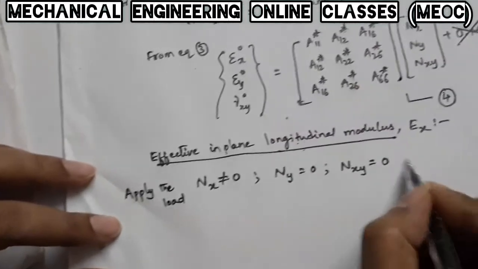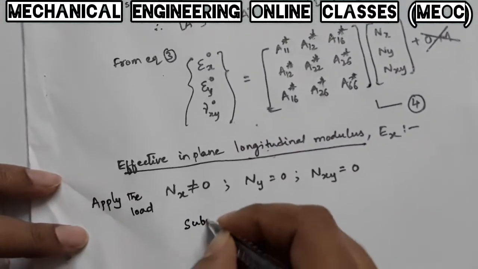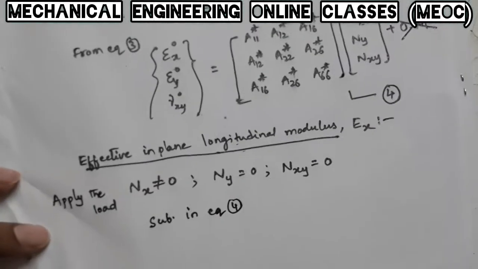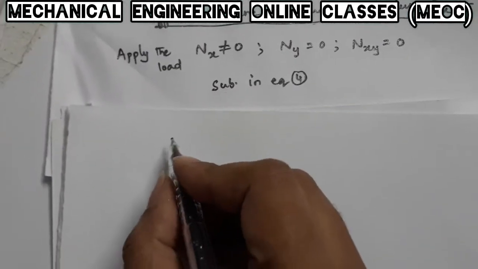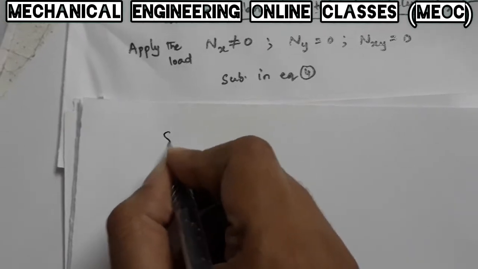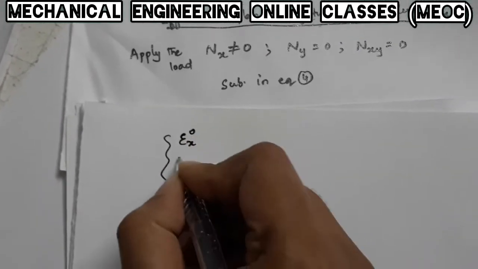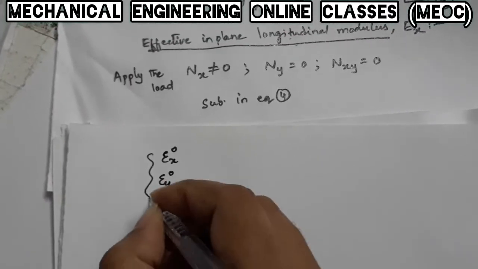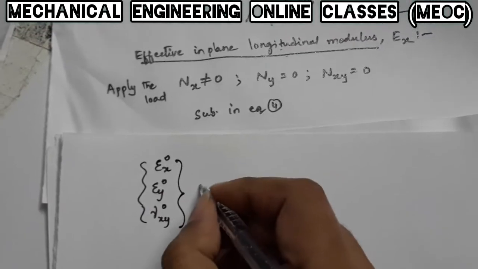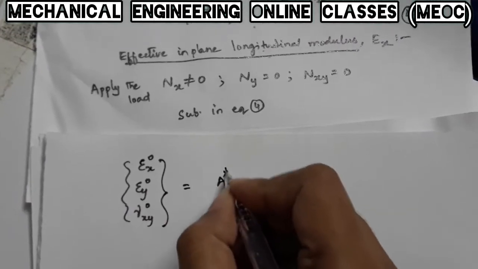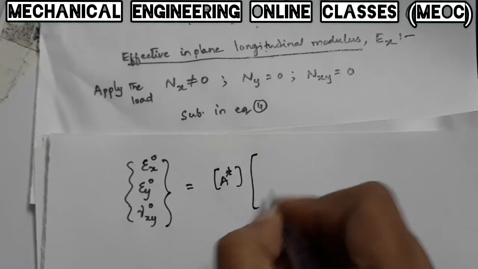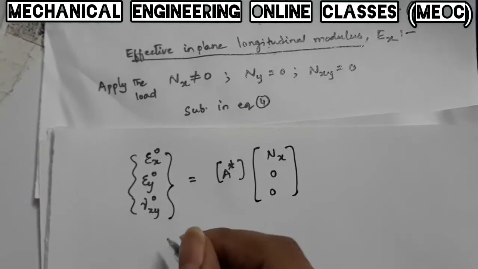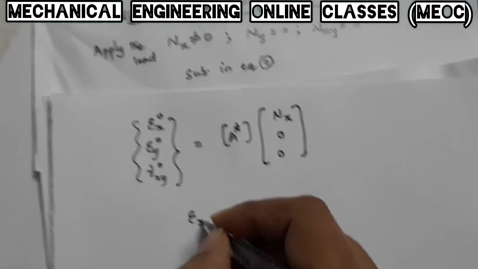So I am substituting these values in equation 4. So epsilon x naught, epsilon y naught, gamma xy naught is equal to A star matrix into nx 0 0. Now what is epsilon x naught?